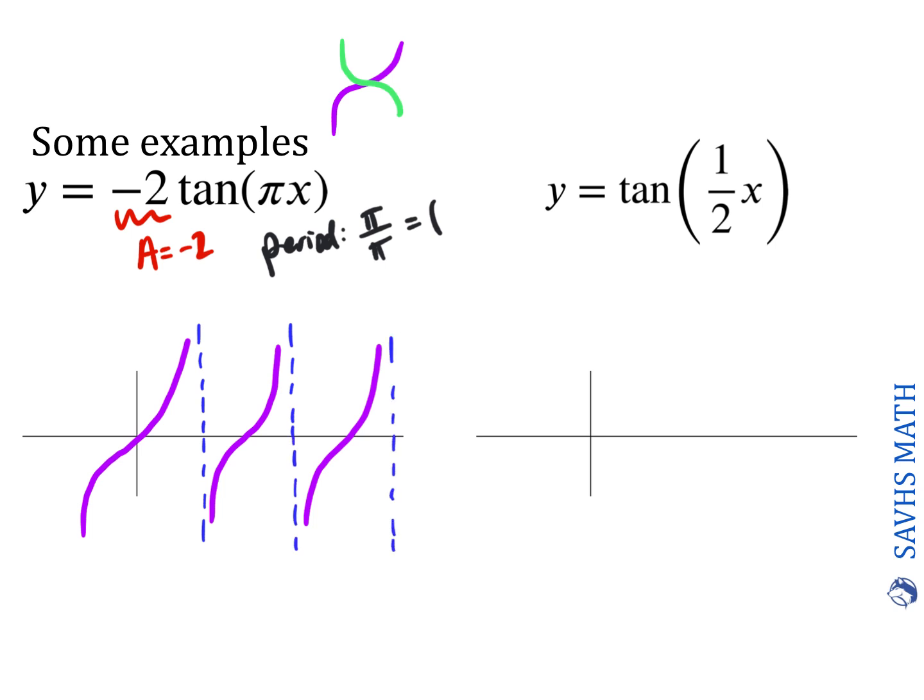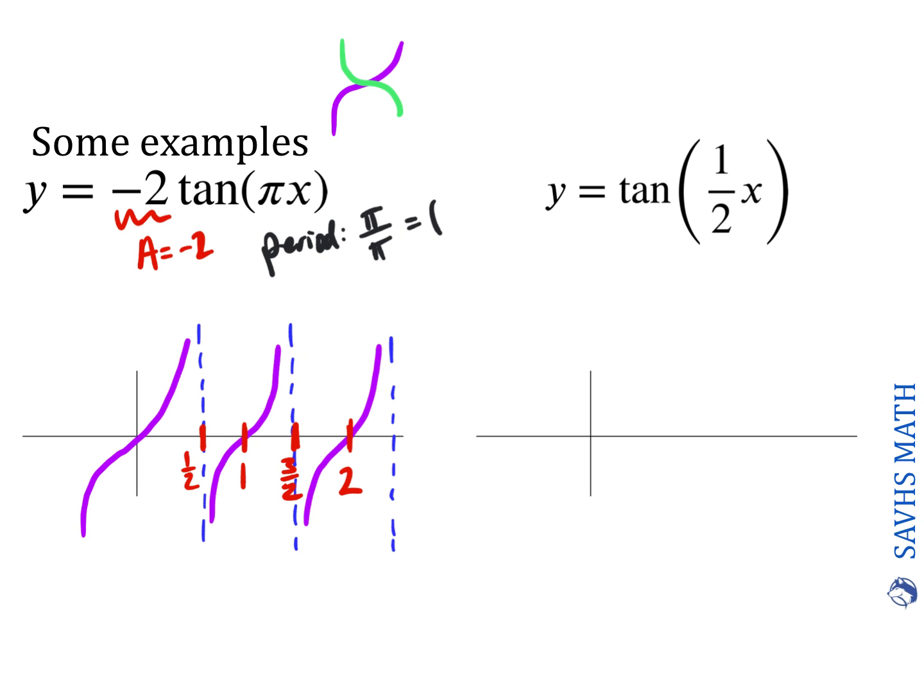The repetition occurs right here and right here. And so this is at 1, and then this is 2. I'm not going to label my y-axis because there isn't really a good way to do so. The other thing that I'll say is that the asymptotes are happening halfway between 1 and 2 and between 0 and 1. And so this is at 1/2 and this is at 3/2. It doesn't look like that, but it is supposed to look like that.